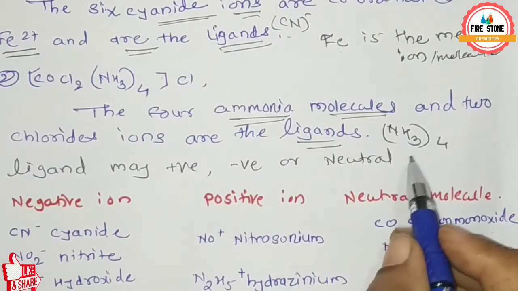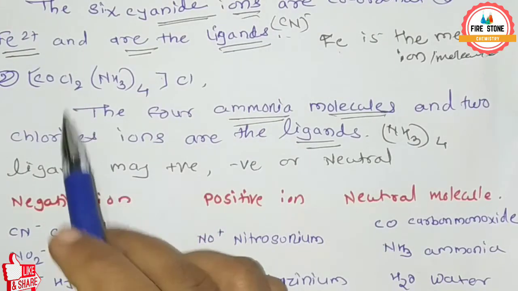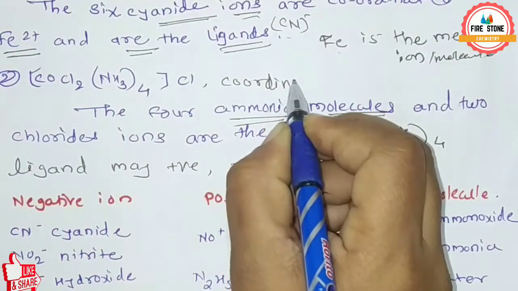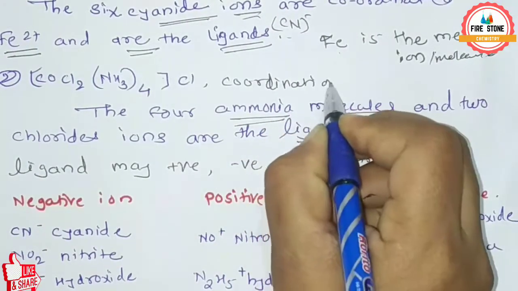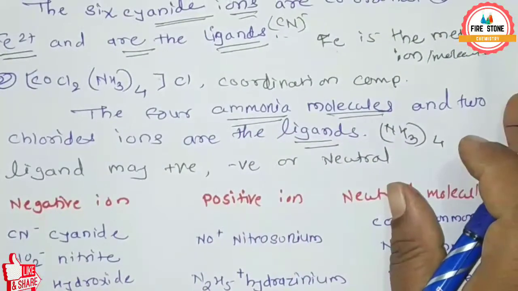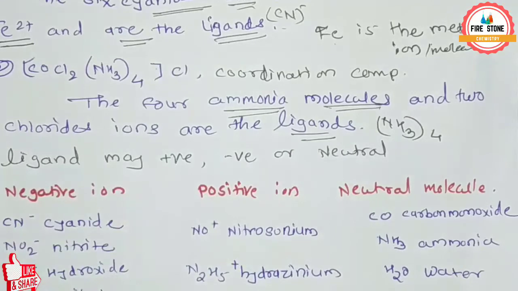First is NH3 and second is Cl, that is chloride. In this coordination compound there are 2 ligands: first is ammonia and second is the chloride ions.